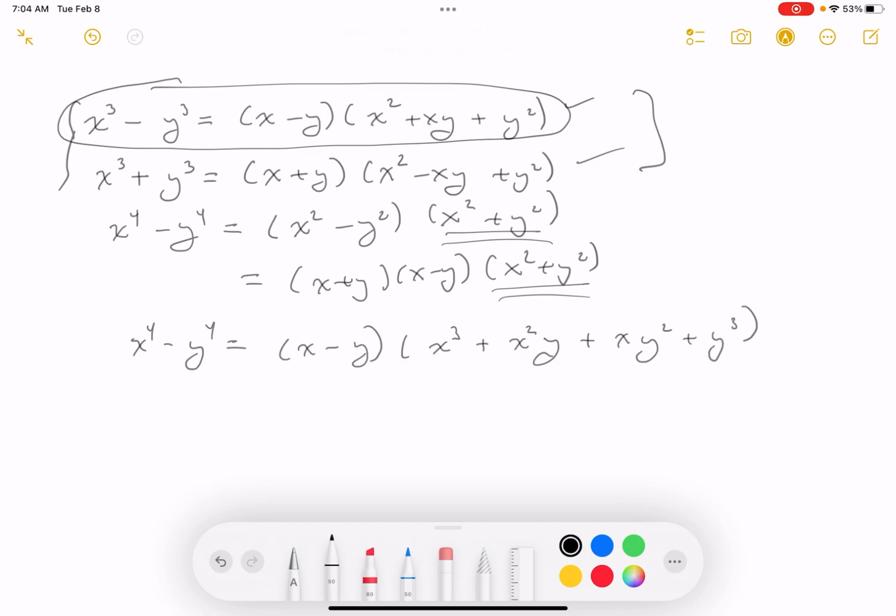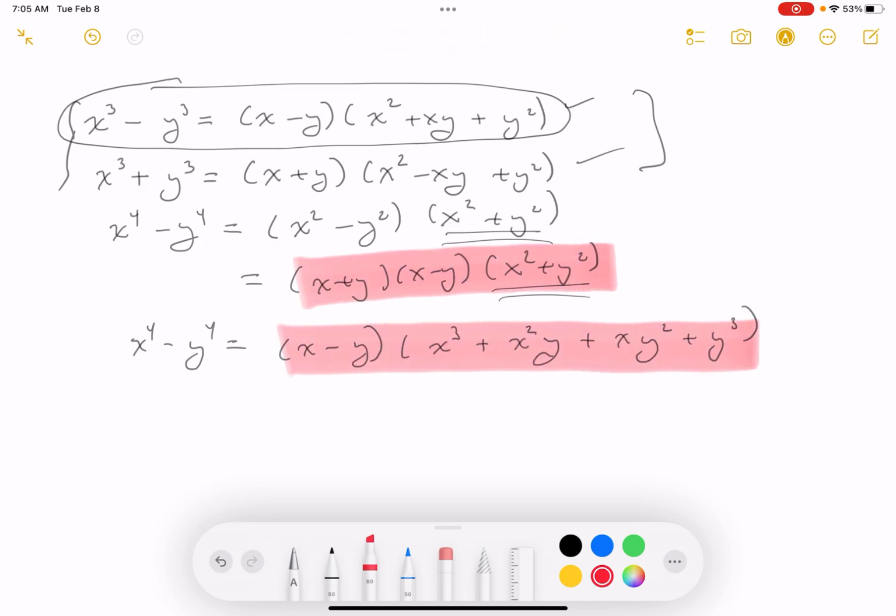Now, I realize some students would look at this and look at this and say, no, they can't be the same. Let's go through it one step at a time, by the way, and show they're equivalent. What do you get over here? x minus y. And now I'm going to look at these four terms and try to factor by grouping.